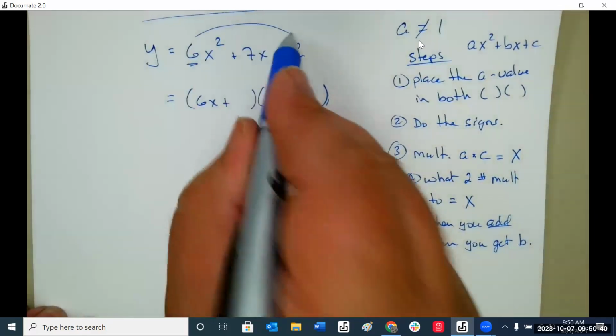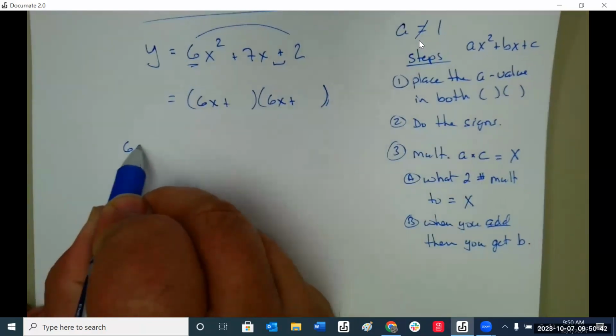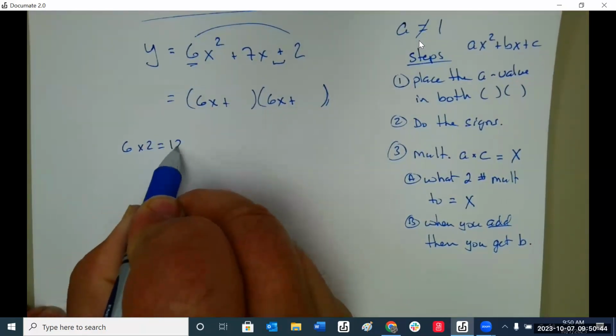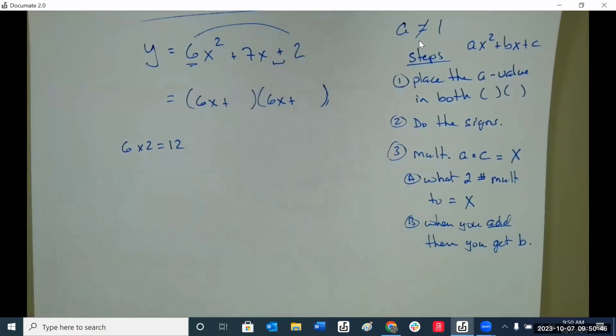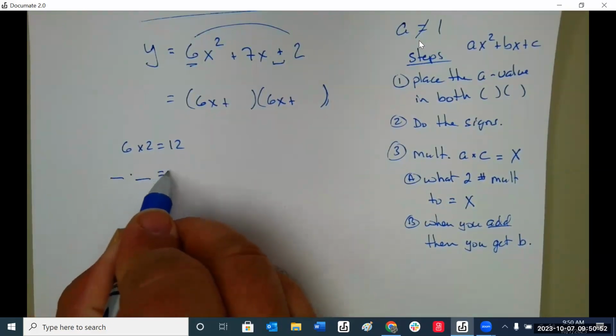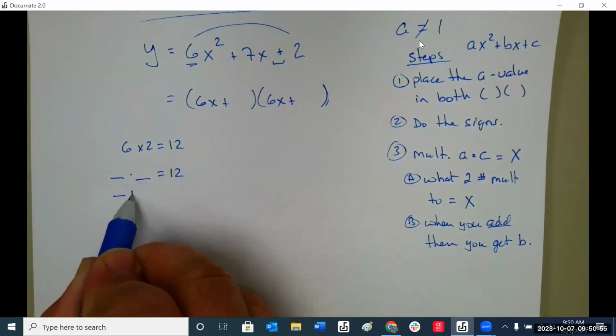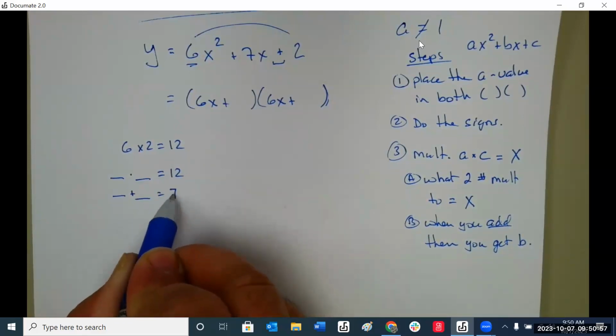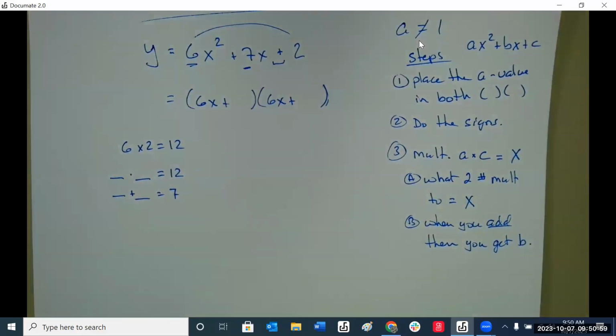So we take 6 times 2 is 12. We have to figure out what two numbers multiplied gives you 12. When you add them, you get 7.